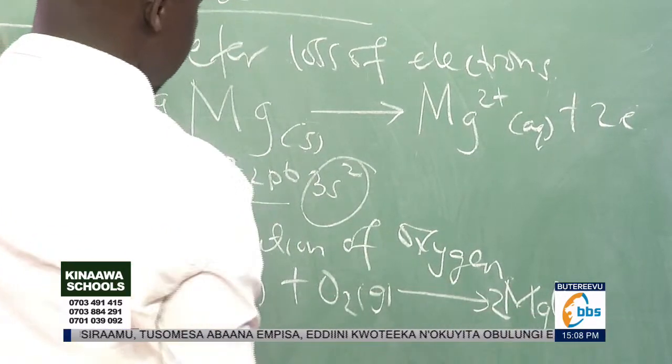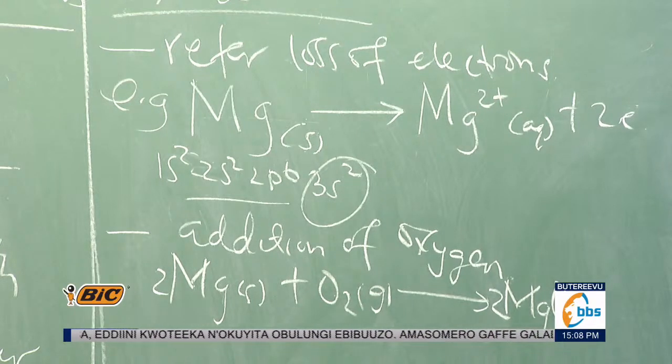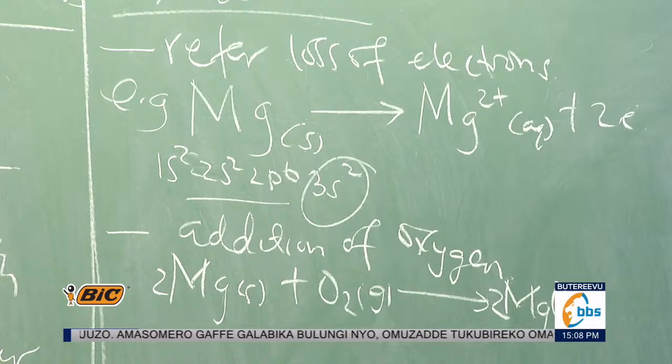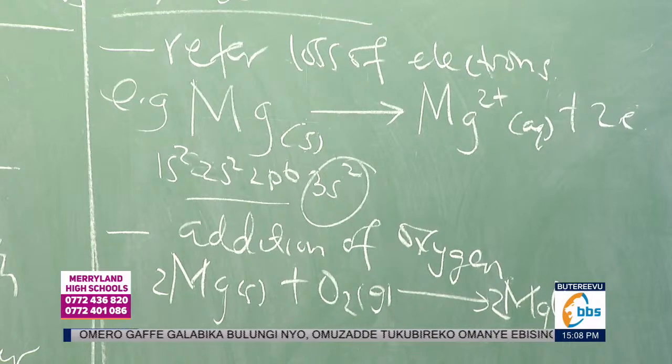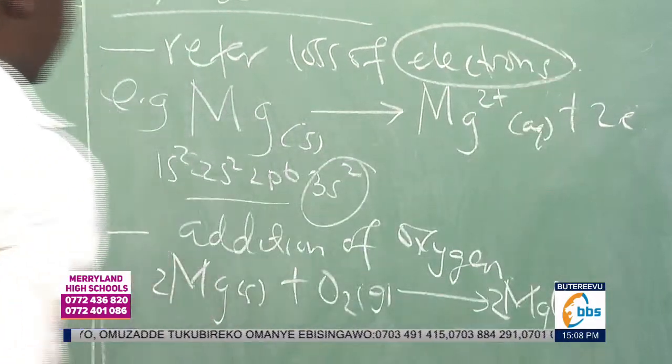Balance. That is also called oxidation. We can also use hydrogen, but for A level, we stick on electrons. Because there are three ways. You can say addition of oxygen, or you can also say the removal of hydrogen from a compound. But for A level, we normally base on electrons.